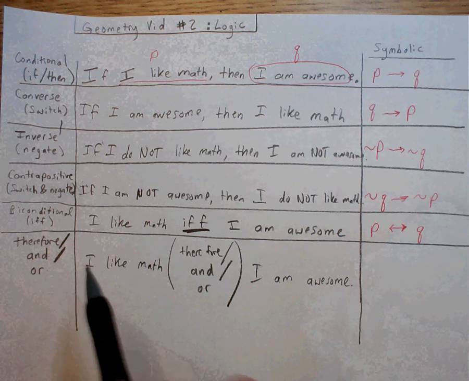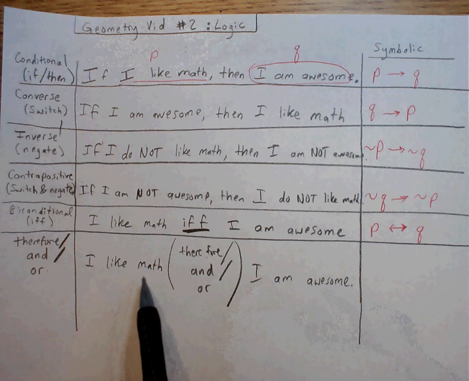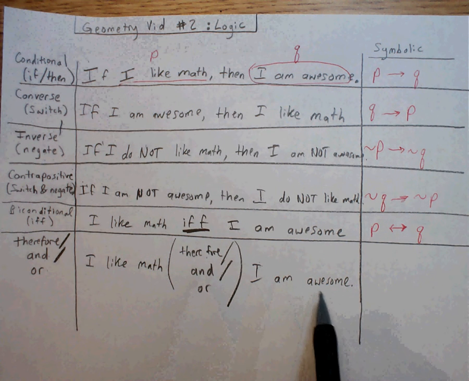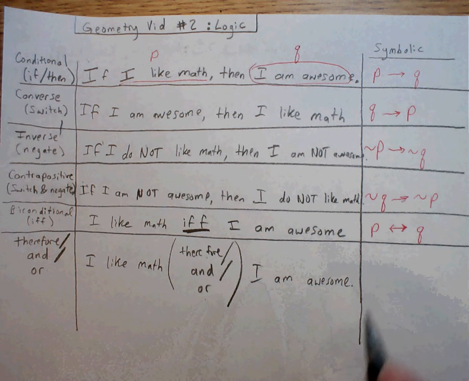So we could say, I like math, therefore I am awesome. I like math and I'm awesome. Or I like math or I'm awesome.